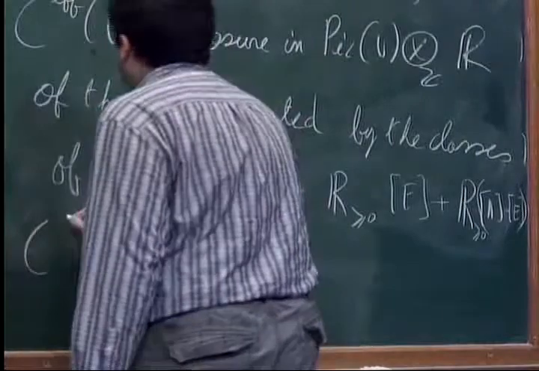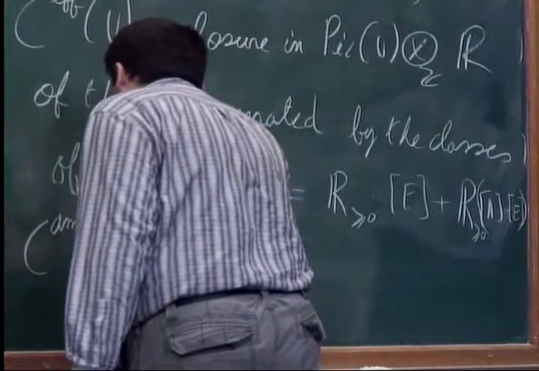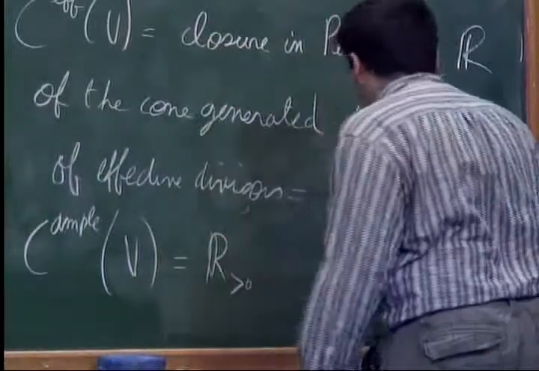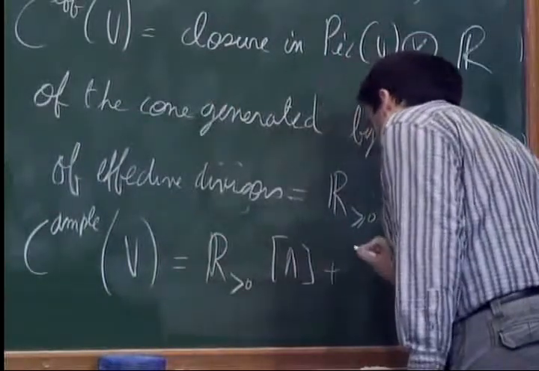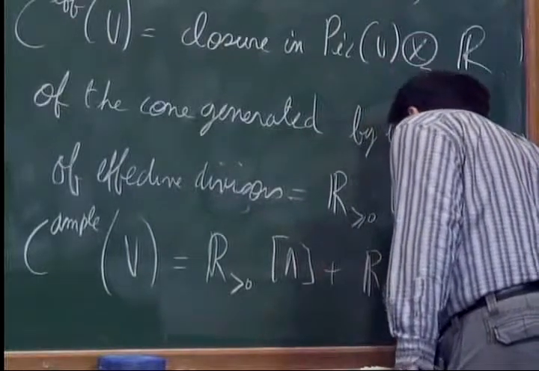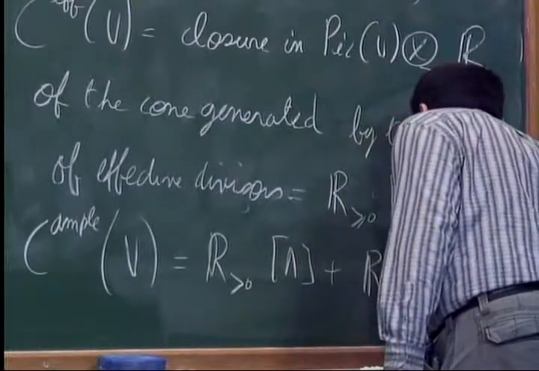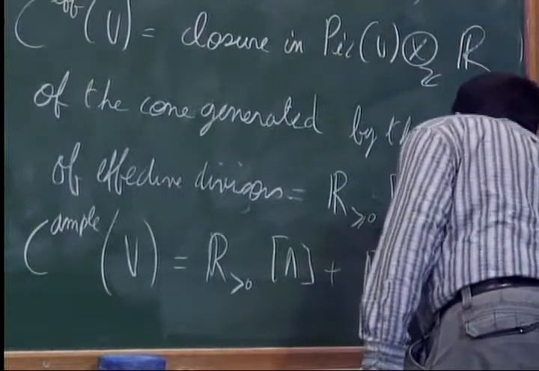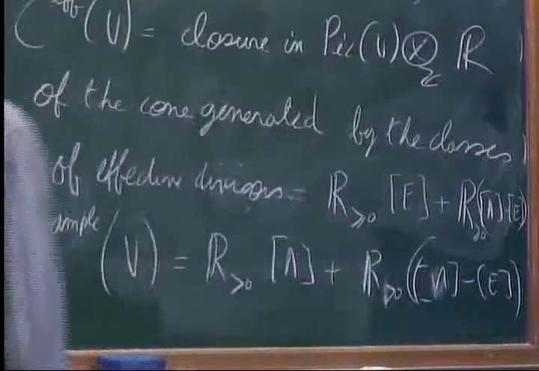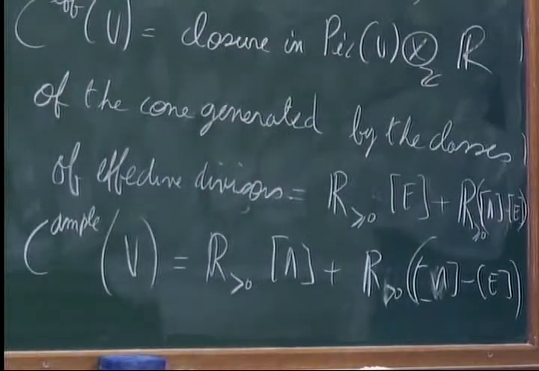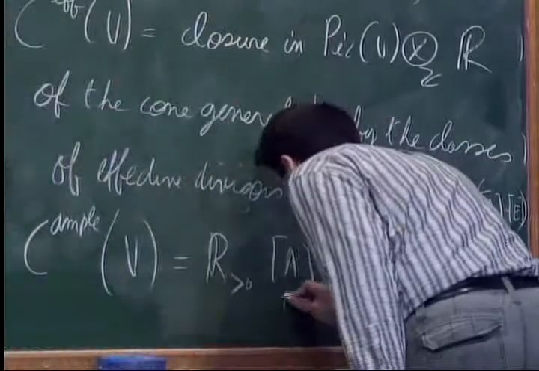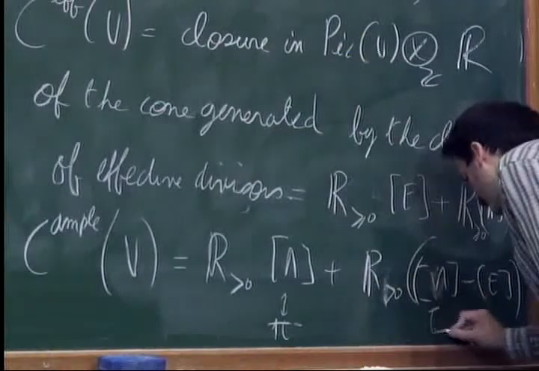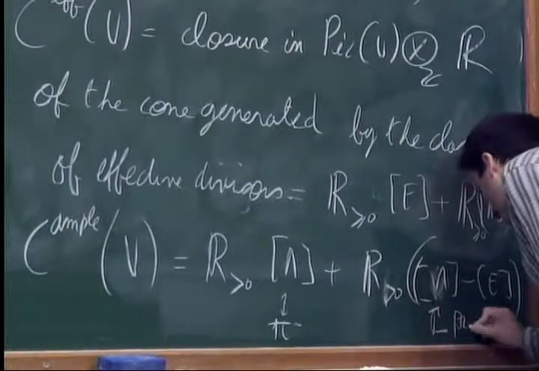And the ample cone of V is given as the cone generated by the class of lambda plus the class of lambda minus E. And in fact, lambda and lambda minus E correspond to two morphisms, namely lambda corresponds to the morphism pi, and lambda minus E corresponds to the morphism given by the second projection to P1.